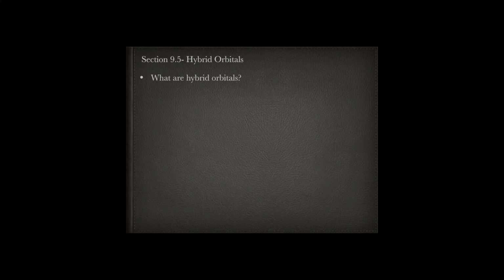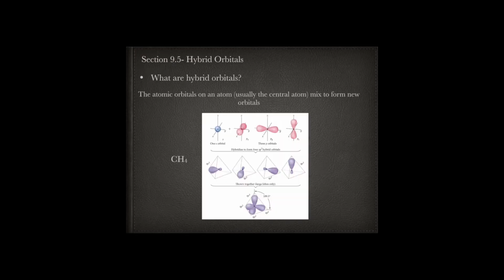So what exactly are hybrid orbitals? Well, hybrid orbitals are the atomic orbitals of an atom, and normally we're talking about the central atom, that mix to form new orbitals. So they're mixing together to create these hybrids, these combinations of atomic orbitals. If you look at CH4, the valence electrons for carbon come from an s orbital and then 3 p orbitals.